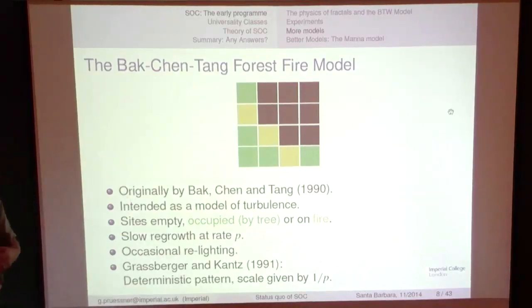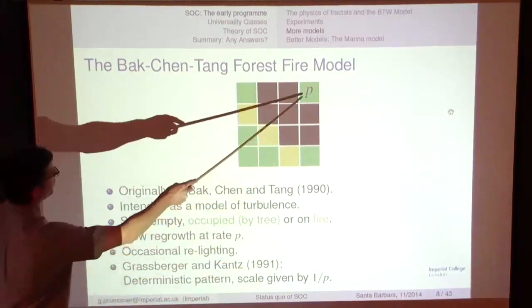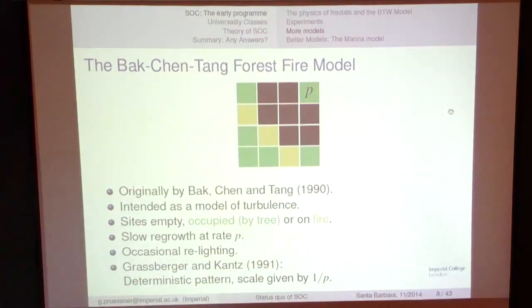And at the same time, with a certain rate, trees regrow. So here, this tree was just planted with a certain rate, Poissonian rate. And if the trees grow quick enough, and I mean, you know, that's not how a forest grows, right? You don't have a fire front, and then in the back you've got a new tree growing. This is not how it works.